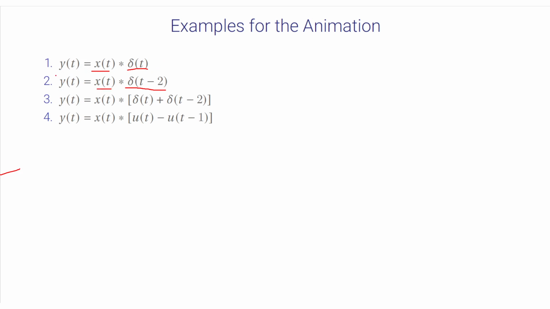And as a third one, we will combine this and that and locate impulses at t equals 0 and t equals 2 and convolve with x(t). Then finally, we will convolve x(t) with a signal of this nature, where the height is 1, and that's our h(t) actually, although we call it signal, it is the system.